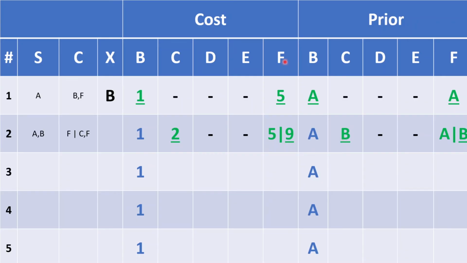In the case of F, things are slightly more complex. The cost previously was 5, and you can see the convention that I used there. When I introduced the value, I underlined it, but then that remains an option, and I've copied that down. Looking at B that we've just introduced, we discovered that we can also deliver at a cost of 9.